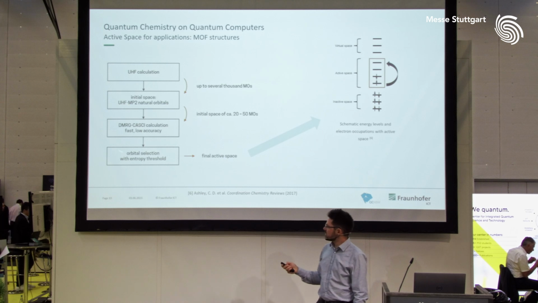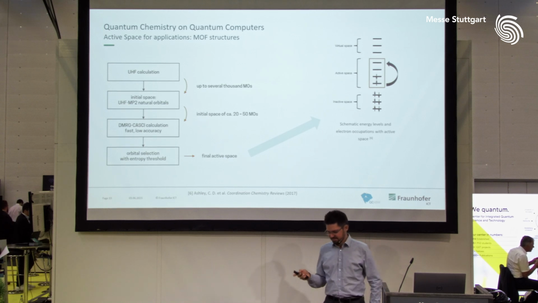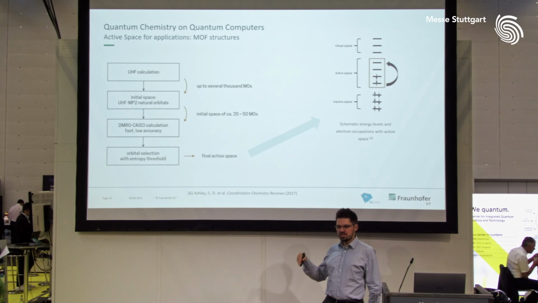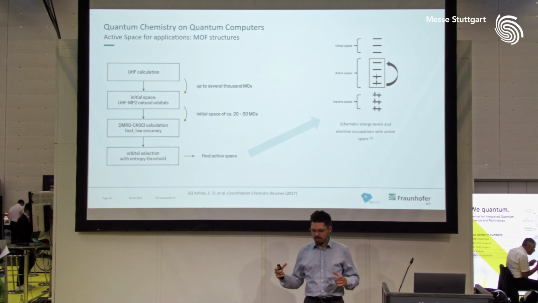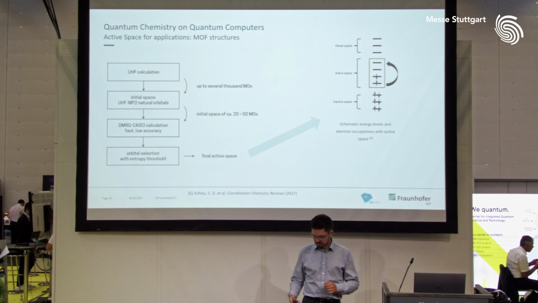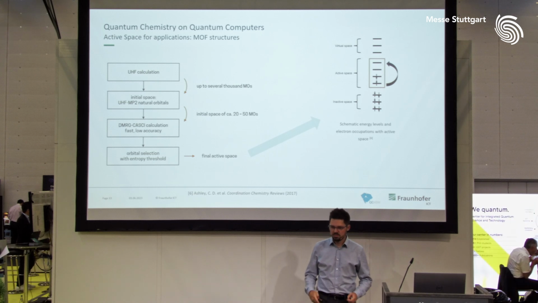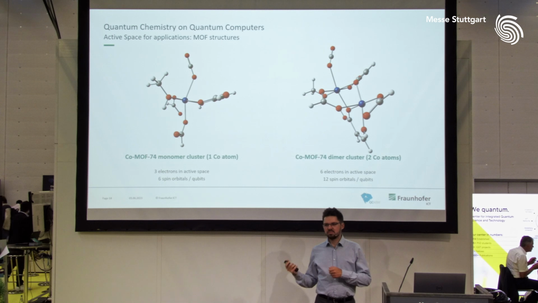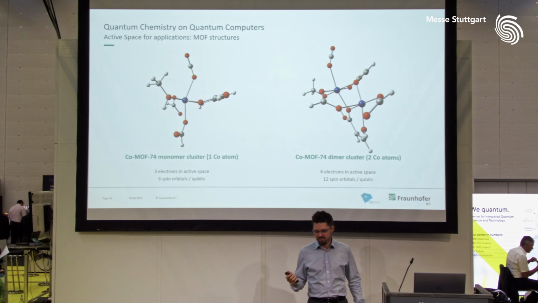And this is also done by the active space finder by our colleagues from HQS. So with this workflow, we can reduce our system basically from the whole huge molecule with lots of orbitals within, just to a very small subset of this active space, which we then can compute on the quantum computer.